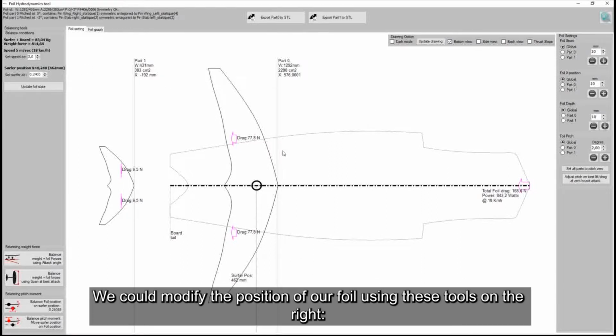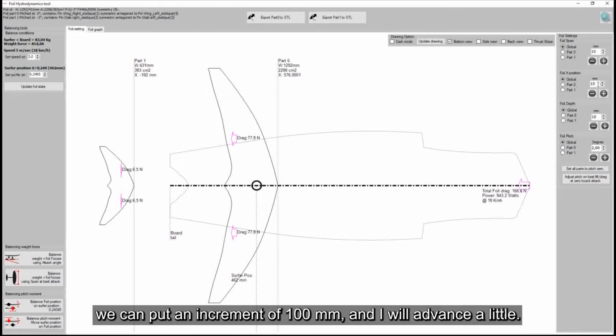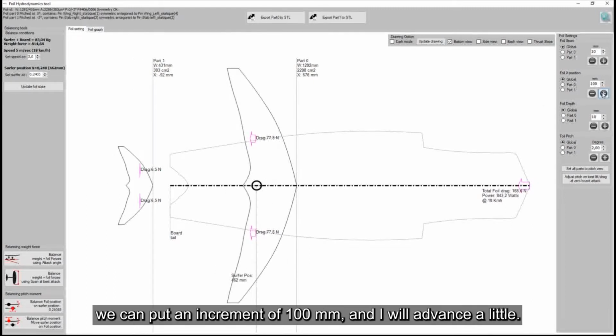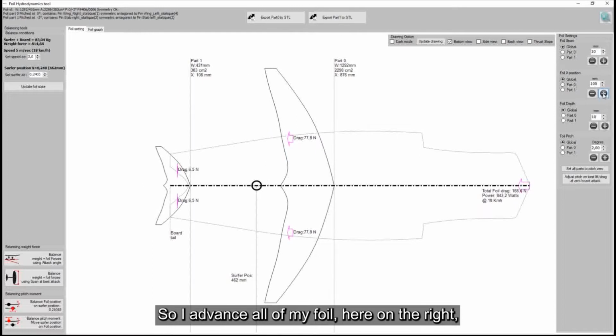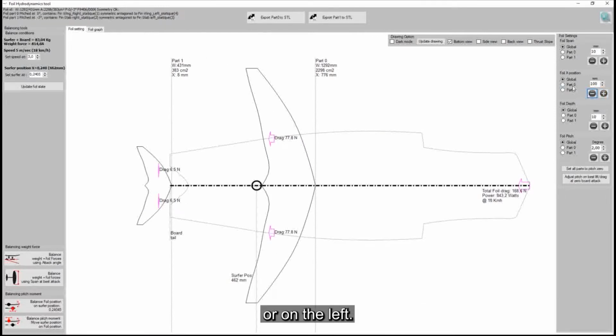We could modify the position of our foil using these tools on the right. For example, foil POSX. We can put an increment of 100 millimeters, and I will advance a little. So I advanced all of my foil.